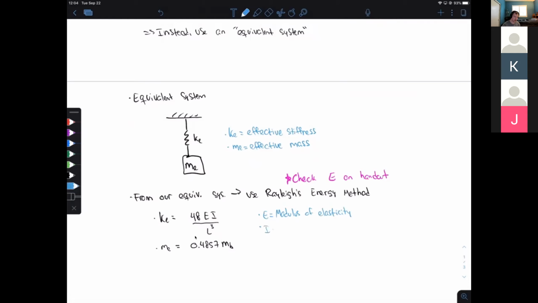Okay, I is going to be the second moment of inertia. For us, we're going to have a rectangular beam, so we can just calculate that.